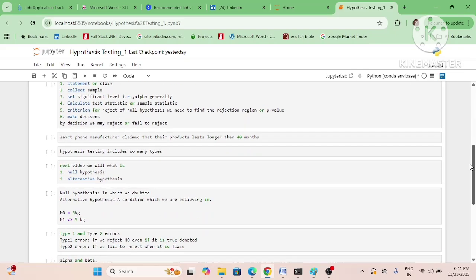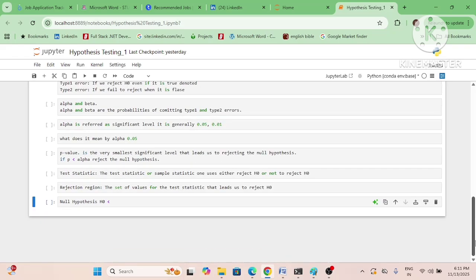So here H naught: mu is equal to or less than 40.